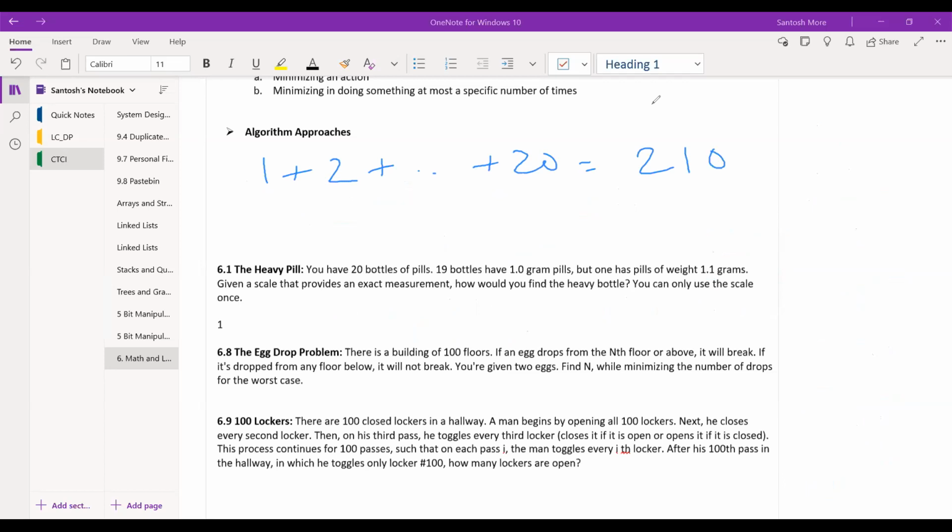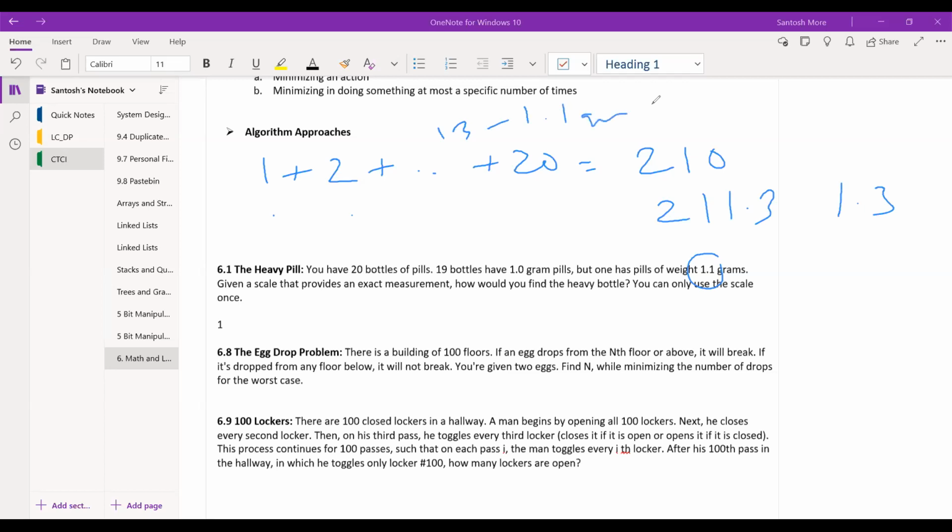In case we have a bottle which is of 1.1 grams, this is clear, yes. So when you take pills like this and you get something like 2111.3, the reason we get 1.3 extra is that the 13th bottle has pills of 1.1 grams.